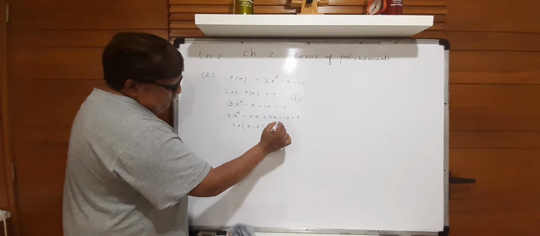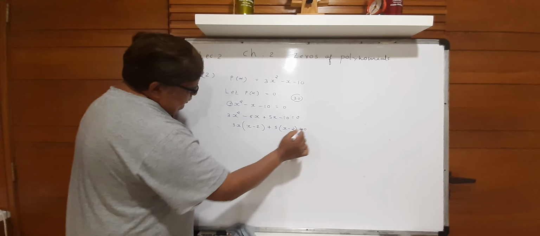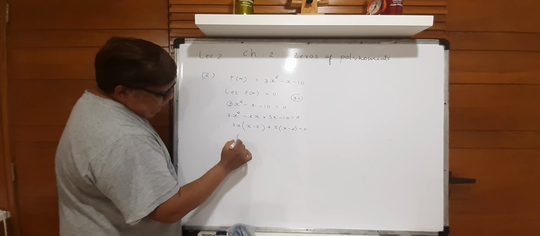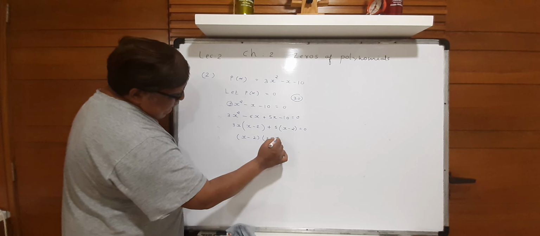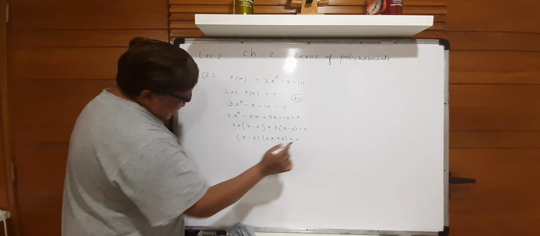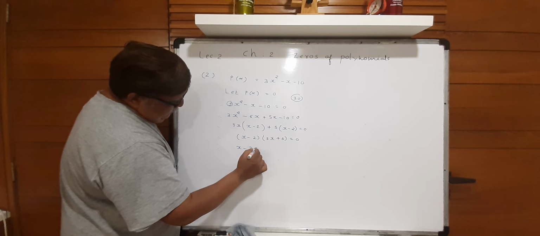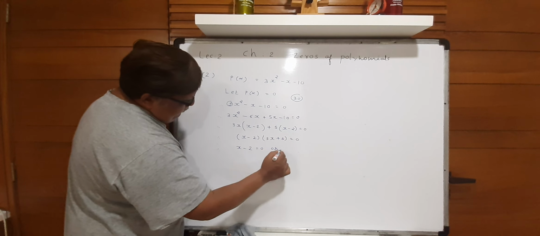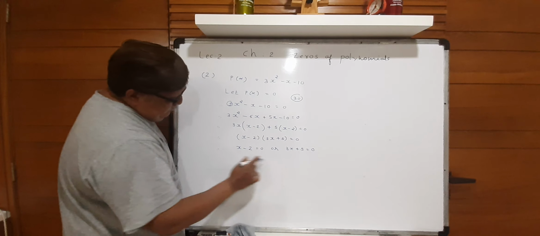Here is plus sign, 5 common, x minus 2 equal to 0. Therefore, x minus 2 into 3x plus 5 equal to 0. X minus 2 equal to 0 or 3x plus 5 equal to 0.